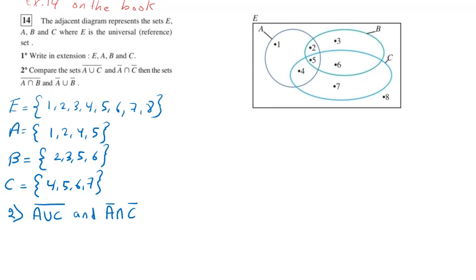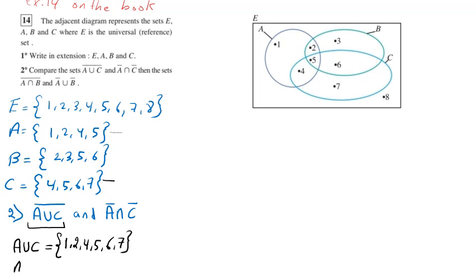To compare these two, in the first one the bar is on A union C, so the first step is to find A union C. For the union, we write all the numbers in A or in C. It means that A union C will be 1, 2, 4, 5, 6, and 7.